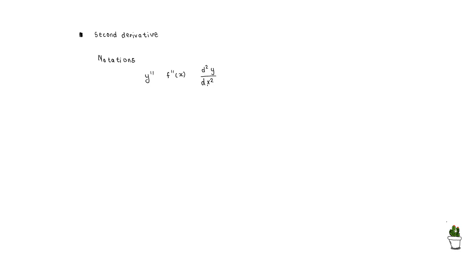Just notice where the squares are in this specific notation. You can also talk about d squared by dx squared of a function f of x, or you can simply talk about d squared by dx squared of a function y. These are the different notations that you can use to represent the second derivative.